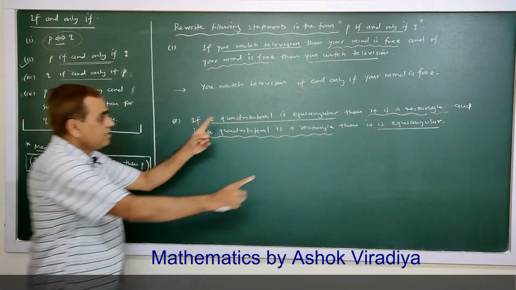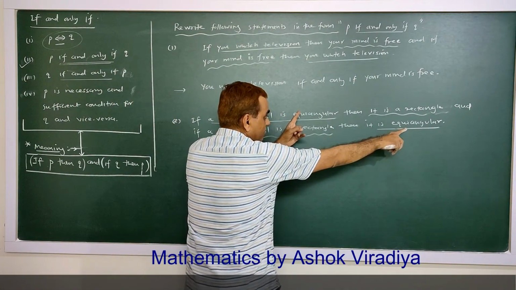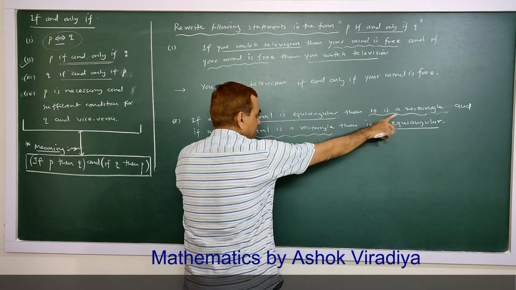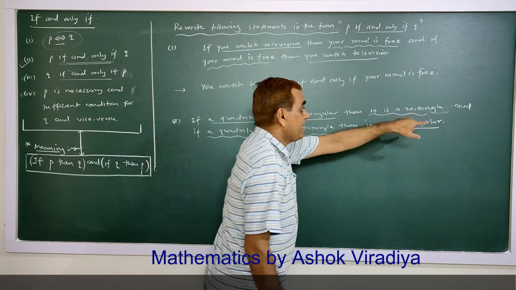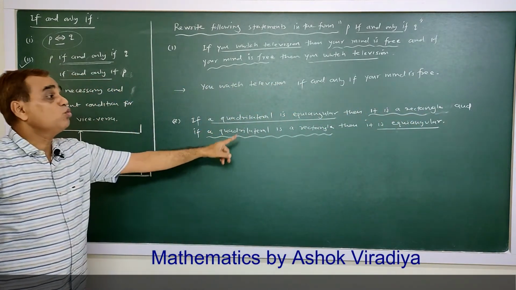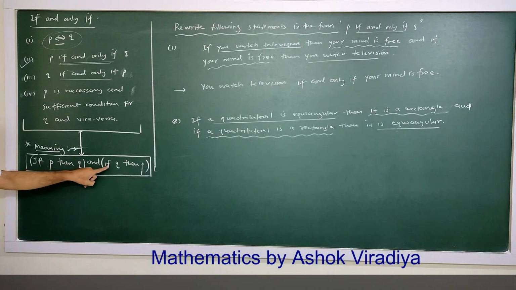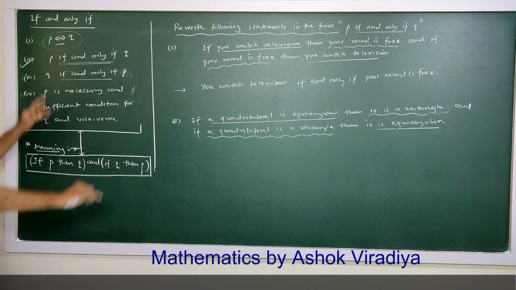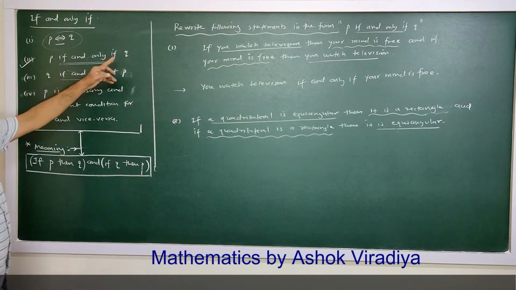Sorry, here I made a mistake. So see, this part is the same. Let me call this P and this Q. So if P then Q and if Q then P. So this can be written as P if and only if Q.